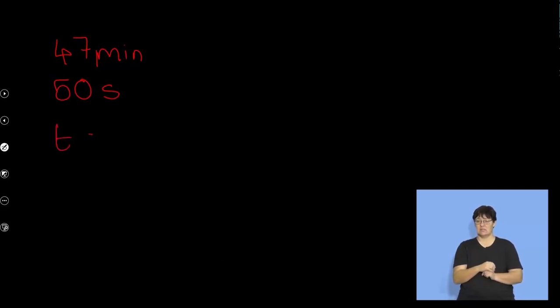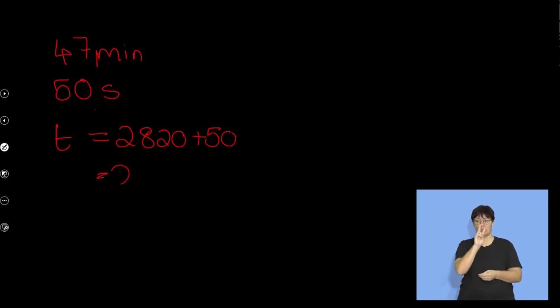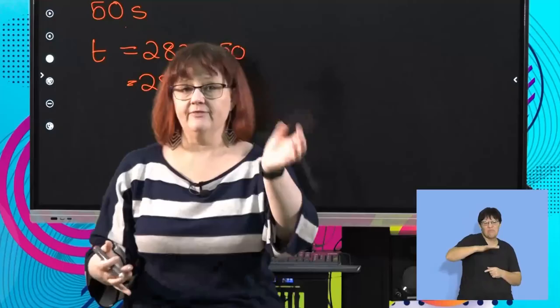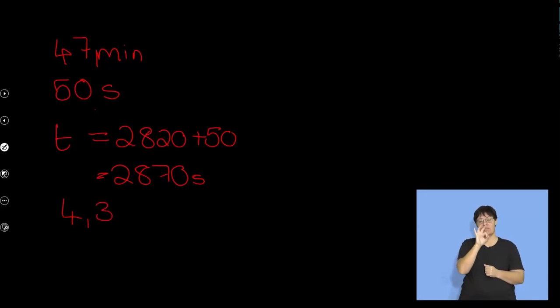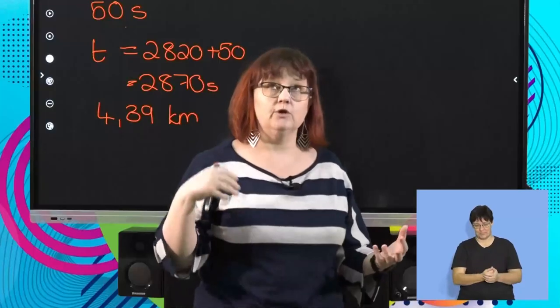So my time is 2,820 plus that 50. So my total time is 2,870 seconds. That just sounds terrible, but it's okay, it's in seconds. Now, the distance that she traveled was 4.39 kilometers. And again, we can't work in kilometers, we need to work in meters.